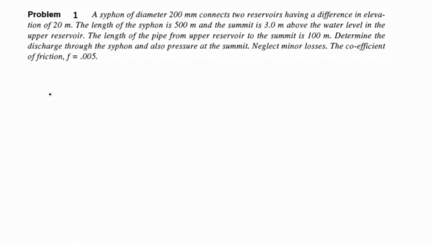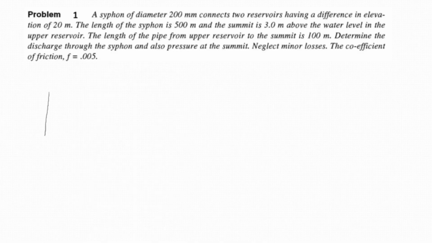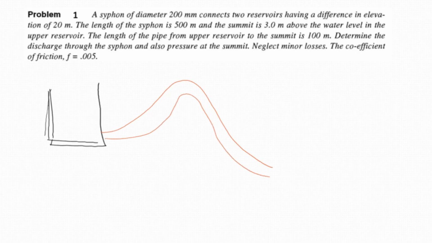Now let us first draw the diagram. So this can be said to be reservoir one. Then there will be a siphon and there is a reservoir two.